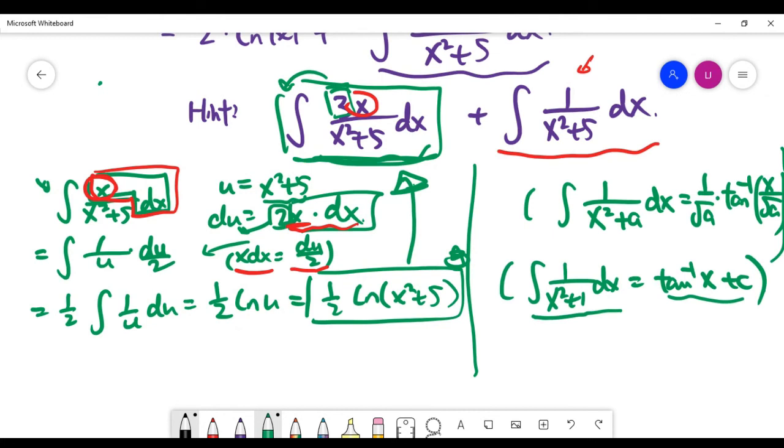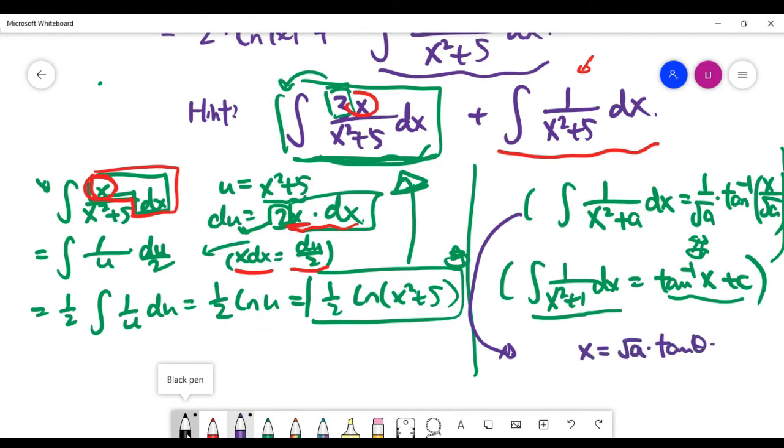Now you see these two answers are quite similar, but the kind of trigonometric substitution we need to make use of is x equals square root of a times tangent theta. You see, I'm doing this because of what? I'm doing this because x squared plus a now equals a times tangent square theta. This part is x squared plus a, right?